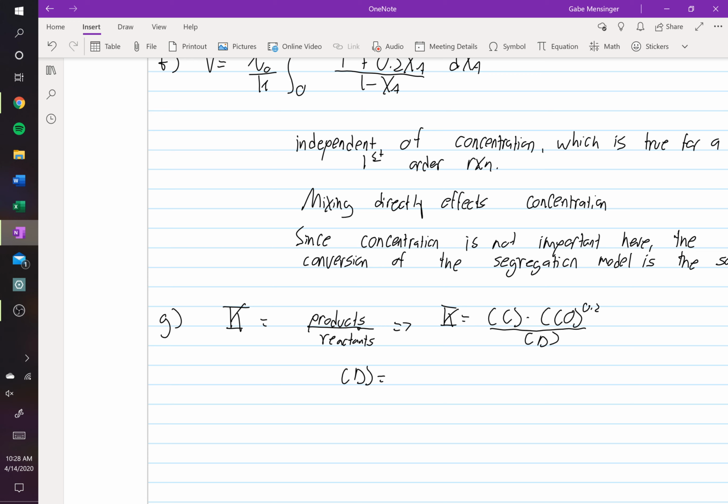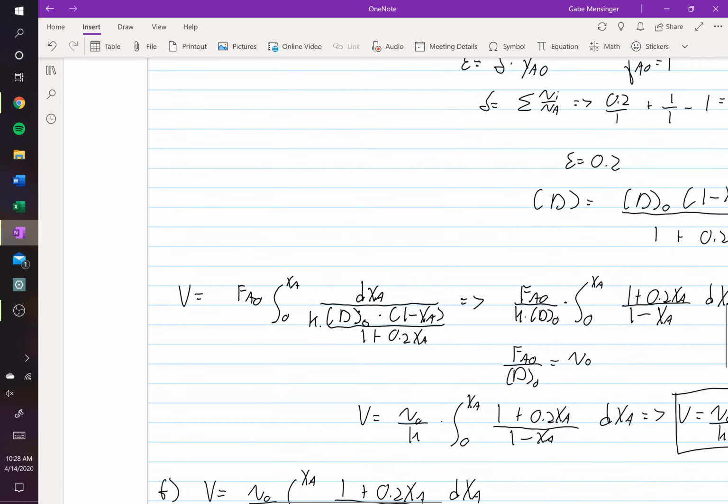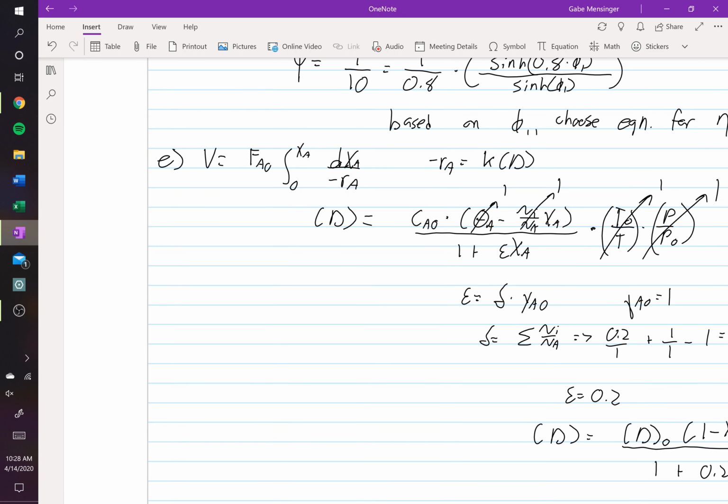It is D naught over the concentration of C. And we'll find that going back up here using this equation that I've so nicely scribbled out all over the place, where we'll still use the initial concentration of D. Theta of C, in this case, is going to be 0 because there's no C coming in.